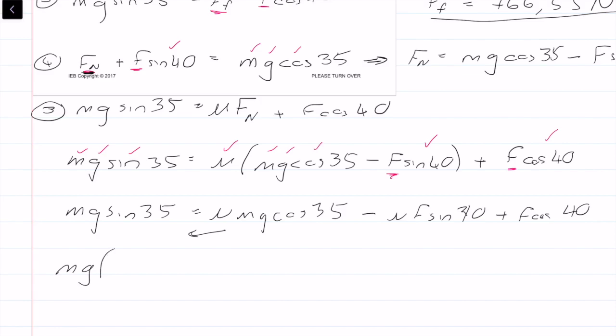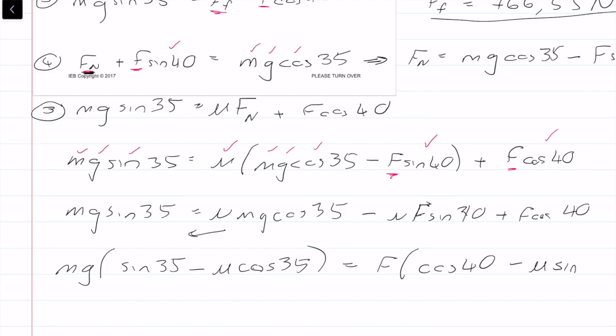So we have mg times sine 35 minus mu cos 35 is equal to, pulling out F, F times cos of 40 minus mu sine of 40.